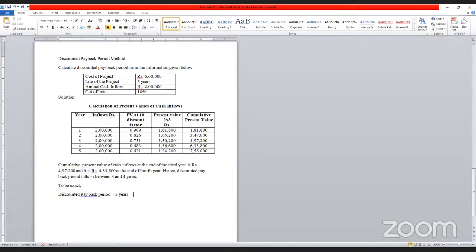First year and second year, the difference is 1,02,800 divided by the third year and fourth year difference, 1,36,600.